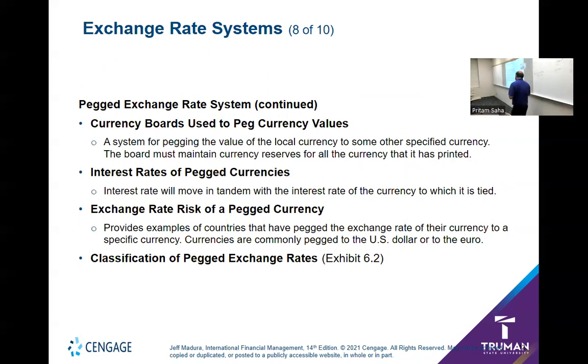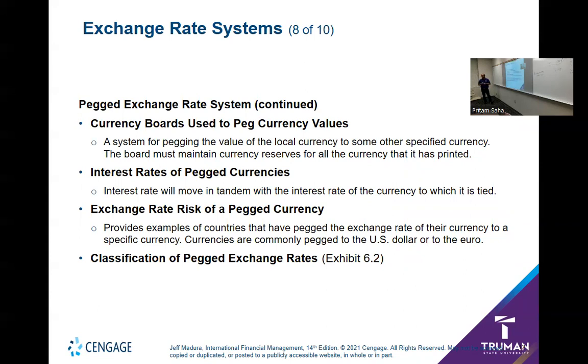If any country decides to peg its own currency to another currency, they have to maintain a reserve of the foreign currency with which they are pegging.